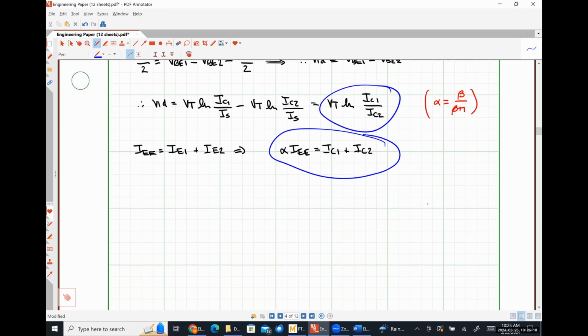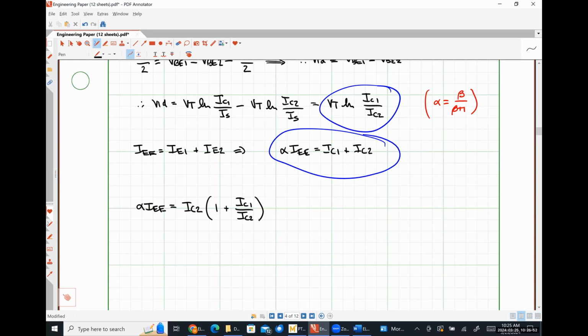I'm going to start with my alpha IEE equation. So alpha times IEE could be written as IC2 times 1 plus IC1 over IC2.